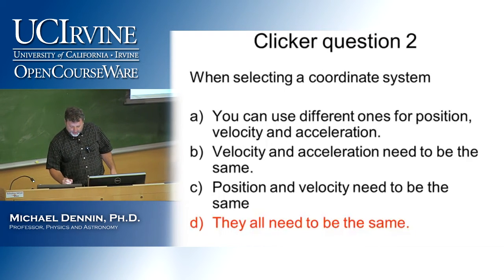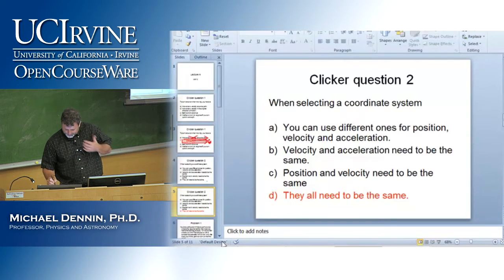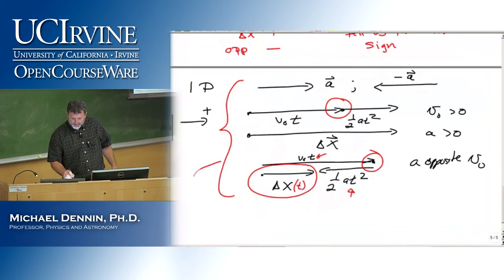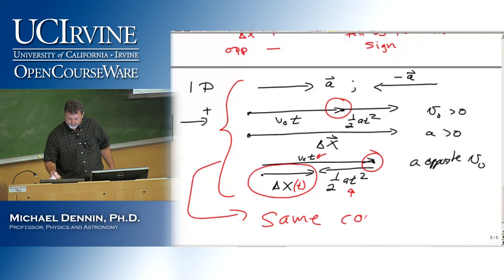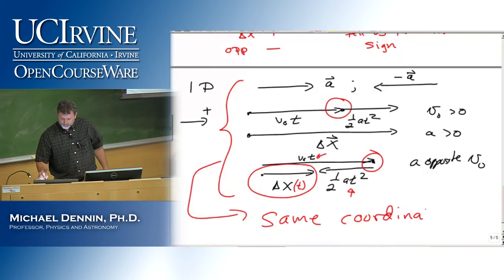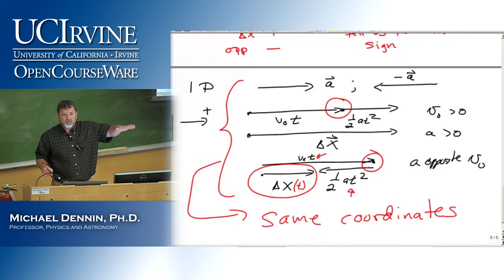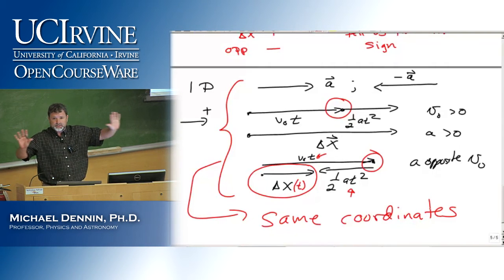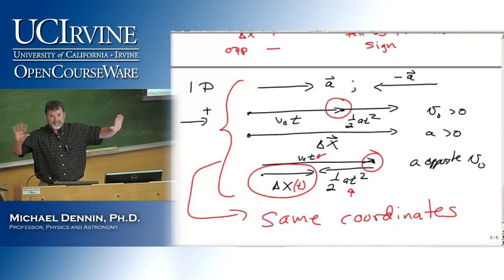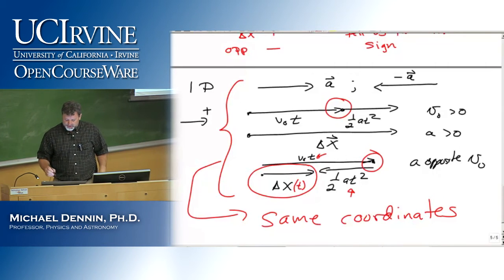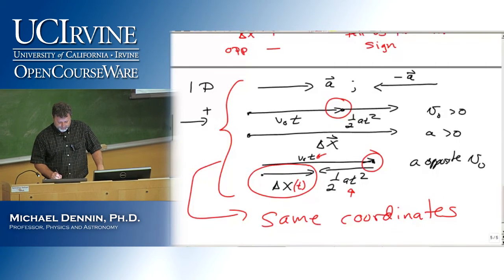So if you go back to that, drawing these pictures would not make sense without the same coordinate system. So you have to do that. Now you might use a different coordinate system for 2 completely different motions in the problem that are not related. But that's a different issue than using it for the position, velocity, and acceleration.